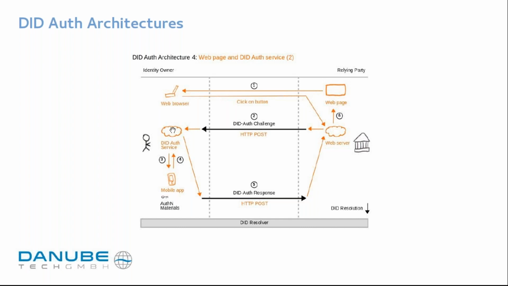The DID Auth service, which by the way is a similar concept as in Sovereign, where it would be called the cloud agent, and in the Decentralized Identity Foundation, it would be called a hub. So it's a concept of a service that's running somewhere, that's hosted somewhere, but that's acting on your behalf, and it's this service that now receives the DID Auth challenge, and through some interaction, a pop-up could show in your mobile app.